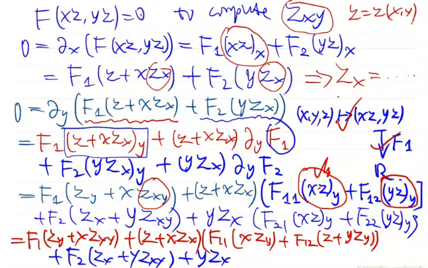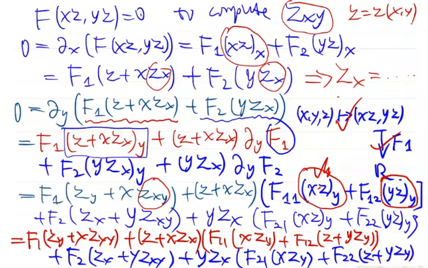Then this part you will not compute. You simply copy the previous line, but replace f11 by f21, f12 by f22. You get f21 x zy plus f22 (z plus y zy).